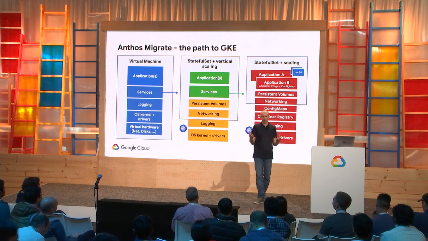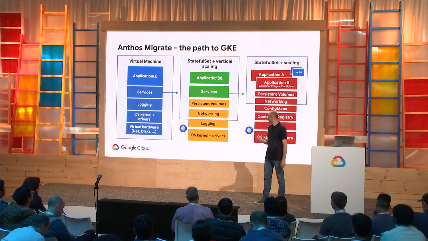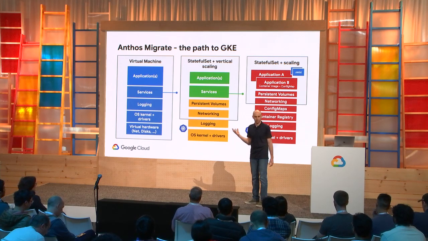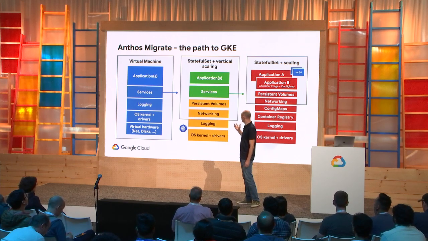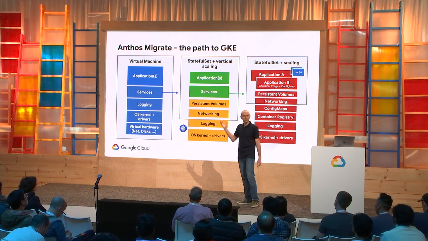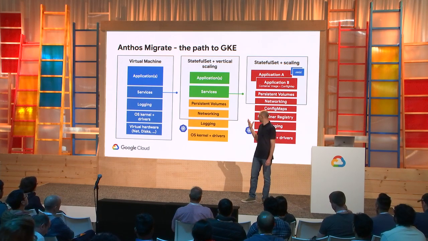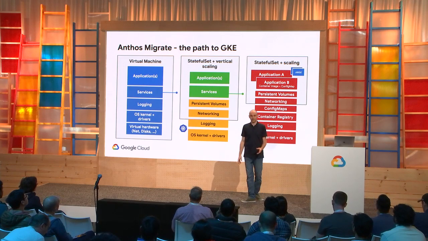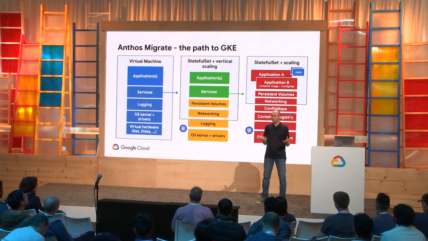I mean, it's required, but it doesn't have to be the same stuff as in the VM, right? So we took away the OS kernel and drivers. Now it's provided by a containerized orchestration framework. We took away logging. We took away networking. Networking is now handled by Kubernetes. We took away the storage. And we leave the application and the services that you may have, maybe some cron jobs for this application to run.